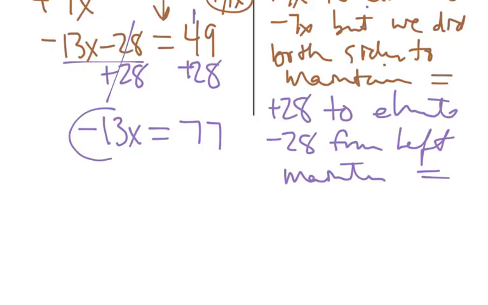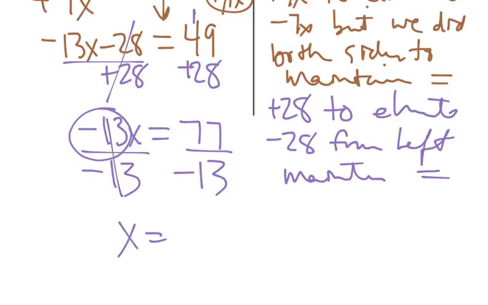So now this last step, we want to separate this negative 13. So we do the opposite. It's multiply, we divide. We end up with x equals, because negative 13 over 13 gives us x, equals this number, which is negative 77 over 13, I think it's like 5.9 or something.